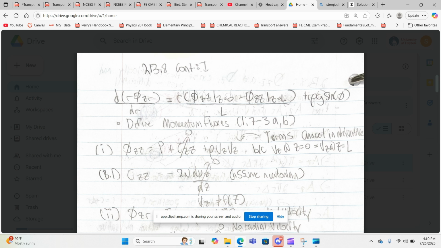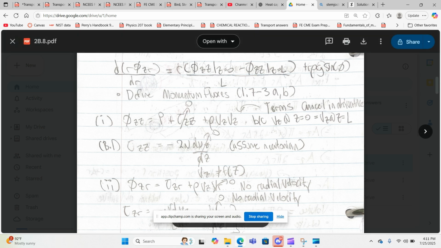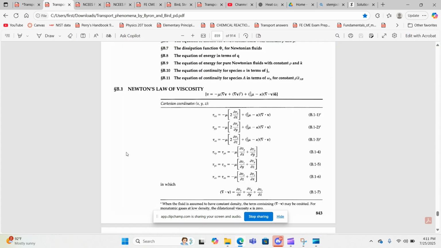I kind of skipped some steps there. Maybe I just didn't do the steps yet, so let's just look. So momentum in the ZZ direction, that's going to be pressure plus tau ZZ plus rho VZ. From table B1, tau ZZ equals negative mu 2 dVz dz.